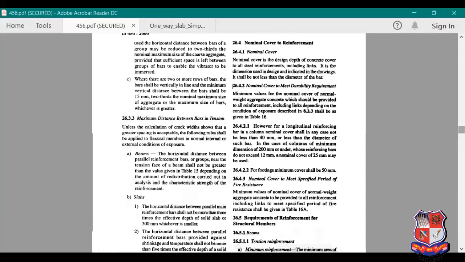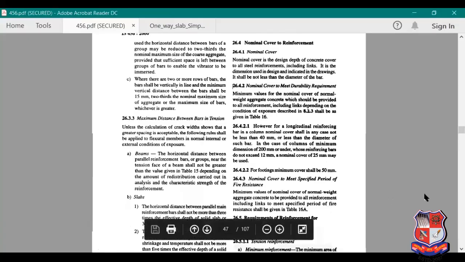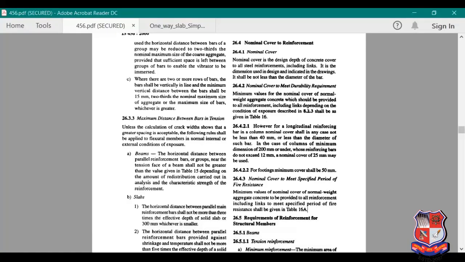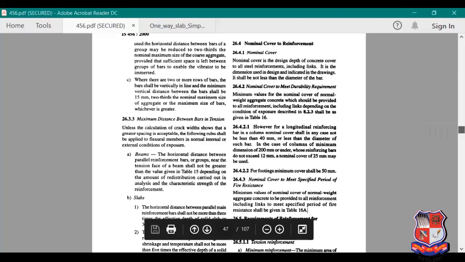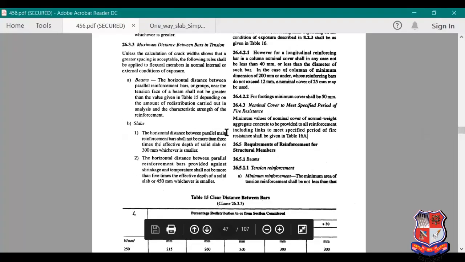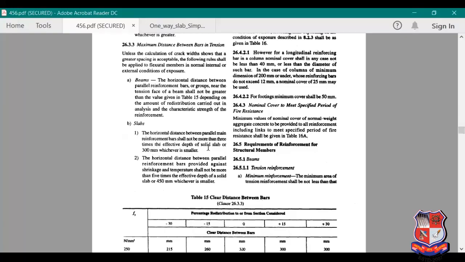They have written that the distance between parallel main reinforcement bars shall not be more than 3 times the effective depth of the solid slab or 300 mm, whichever is smaller.